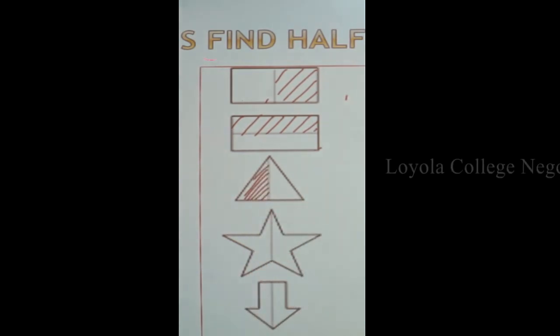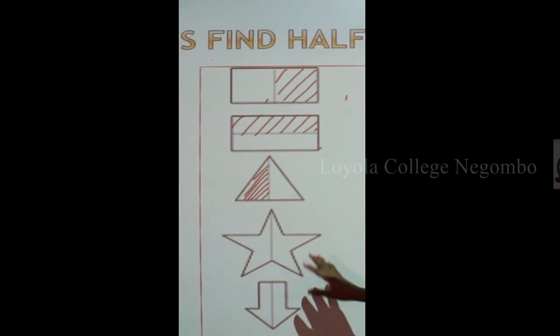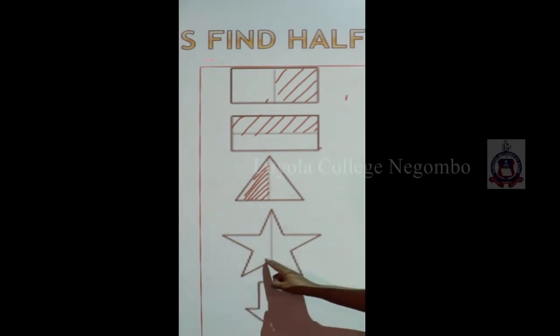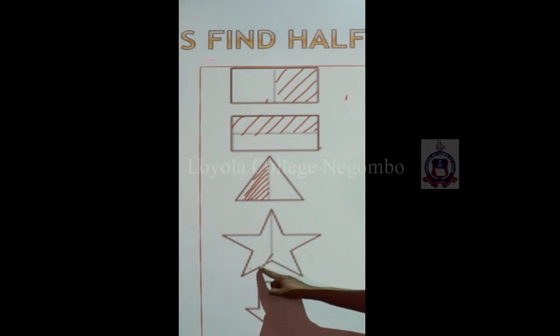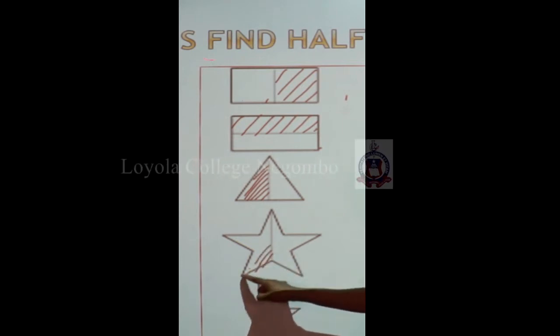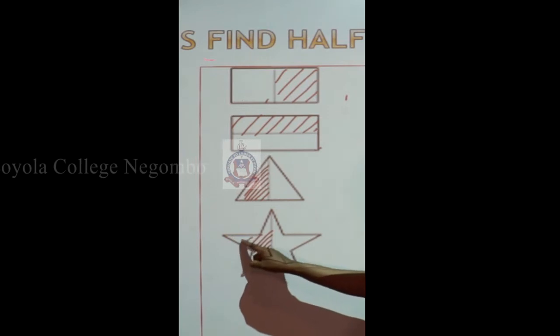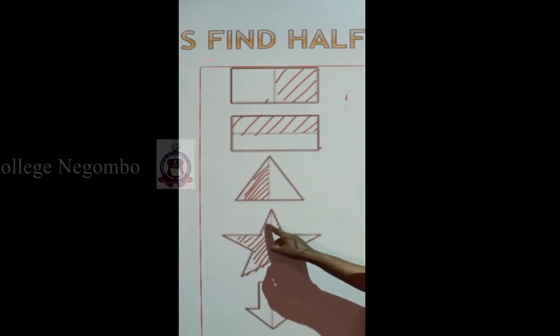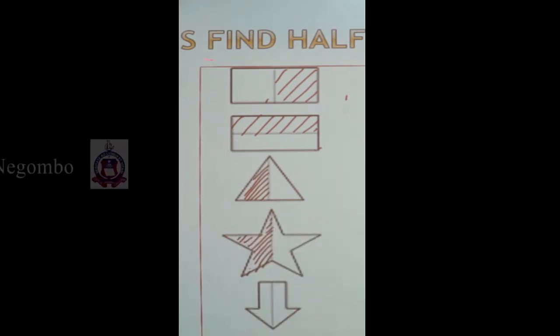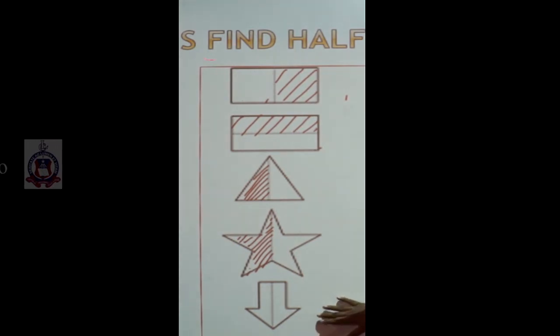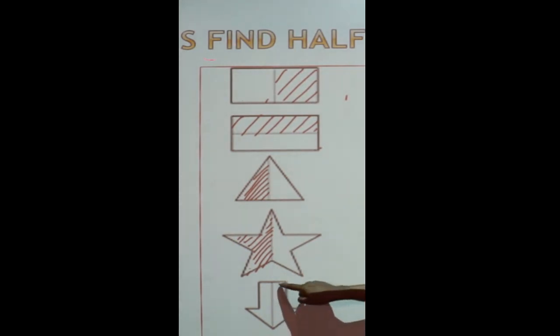And here's a star divided into 2 parts. I will show you how to color 1/2. There. And here's an arrow there. I will show you how to color 1/2. Here's a half.